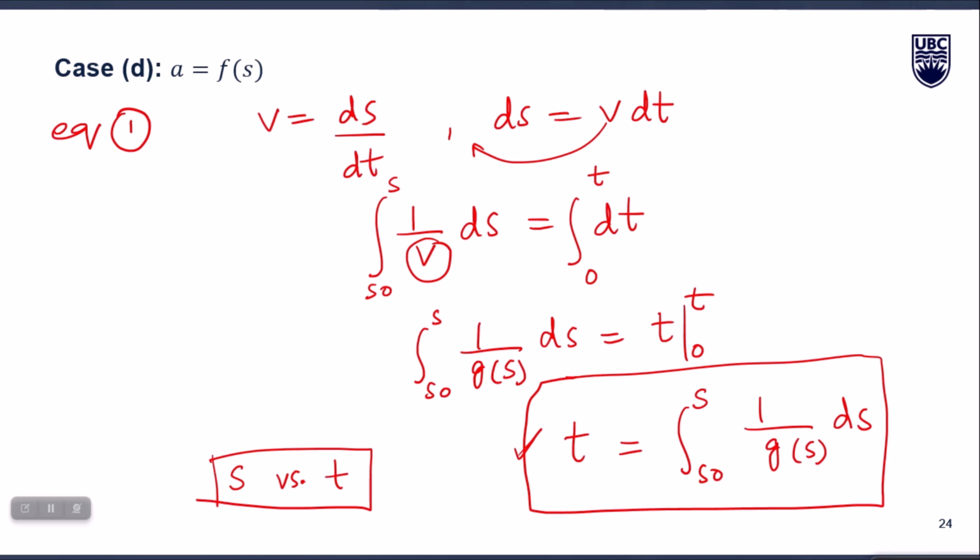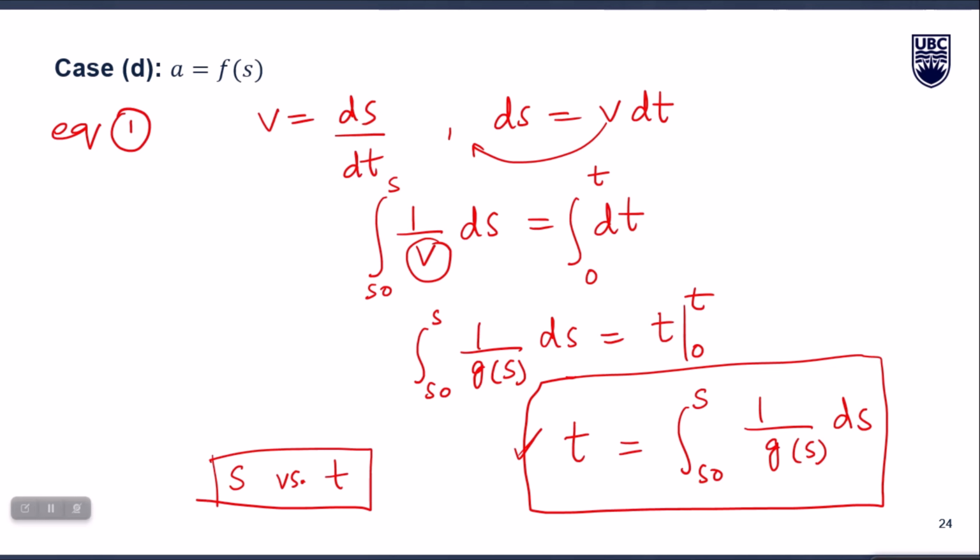So now we actually covered 5 different problem types. First, when S versus T was given and you need to differentiate it to determine V and A. And the next 4 are when A is given and you need to integrate with respect to time to calculate velocity and displacement.